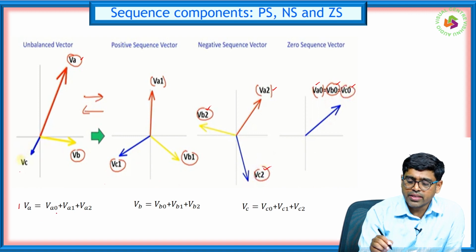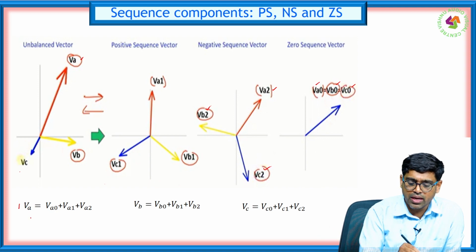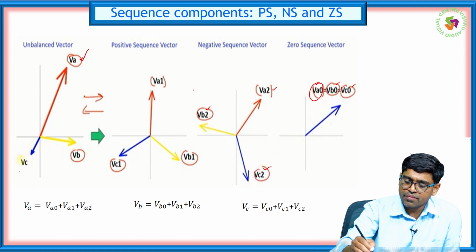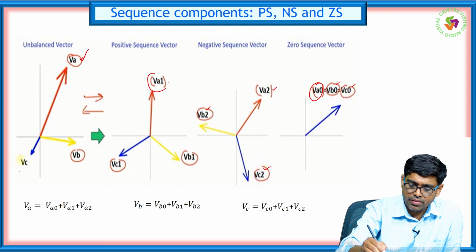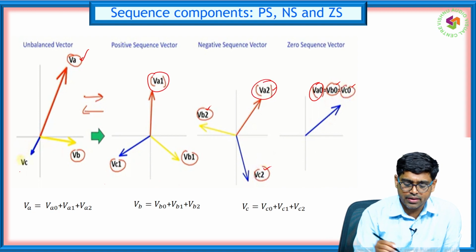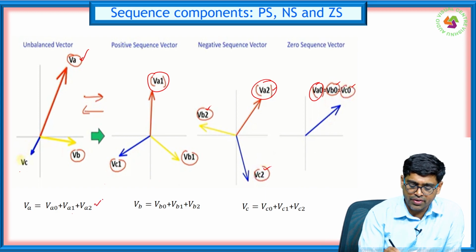In order to calculate VA, it is nothing but VA0 plus VA1 plus VA2. So these three are added. VA equals VA0 plus VA1 plus VA2.